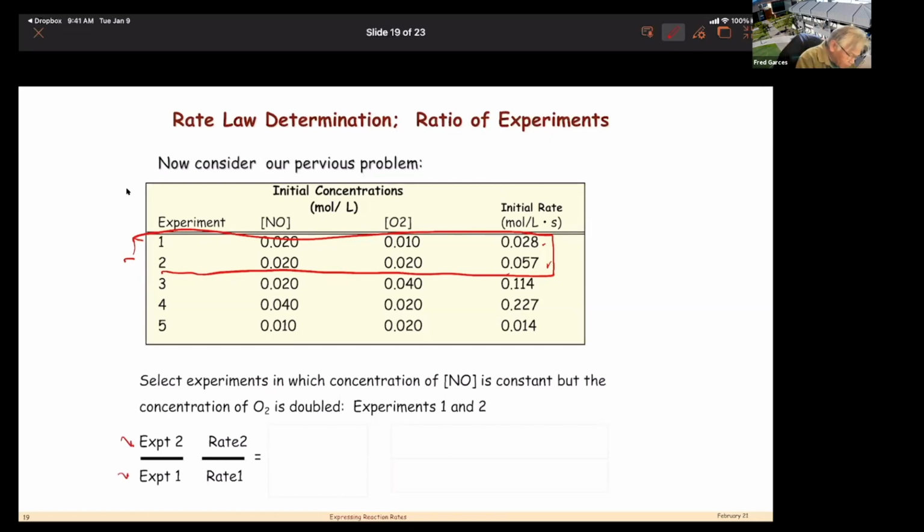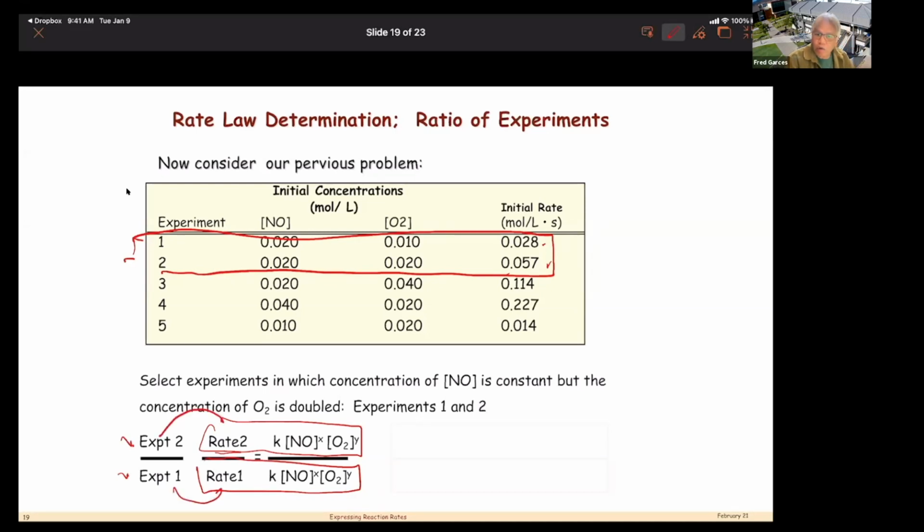Then this is the rate law. This is the rate law, but this is for experiment 2, and this is for experiment 1. The rate laws are identical. It's just that the values are going to be different for the different experiments that were carried out. 0.057, that's right here.